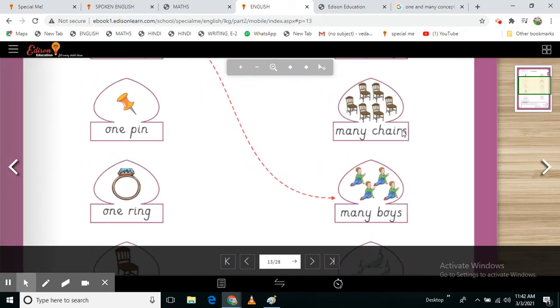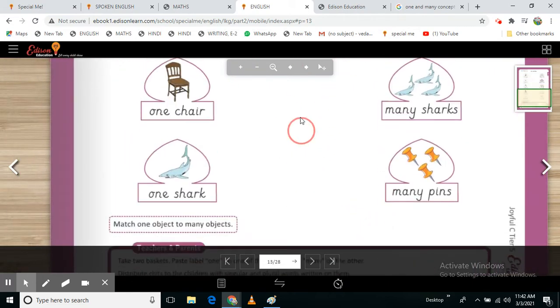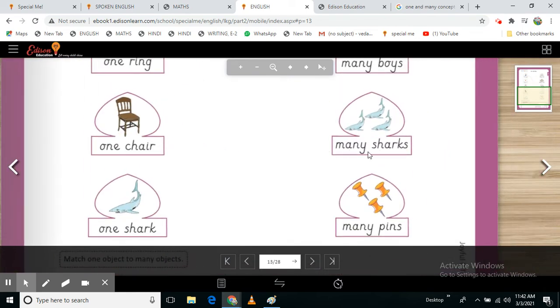These are many chairs. Now see s. Okay, one chair, many chairs. Okay, now this is one shark, then many sharks. These are many sharks. Okay, s at the end of the word, many sharks.